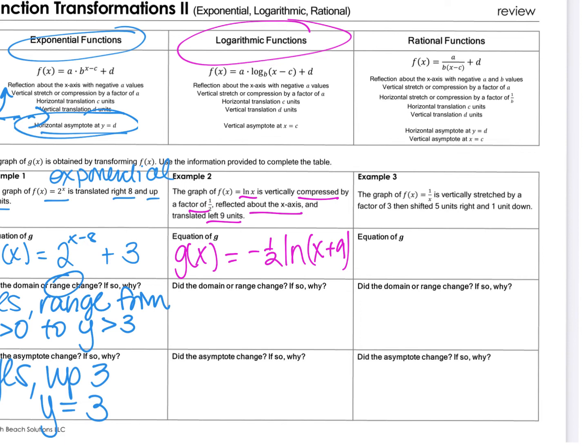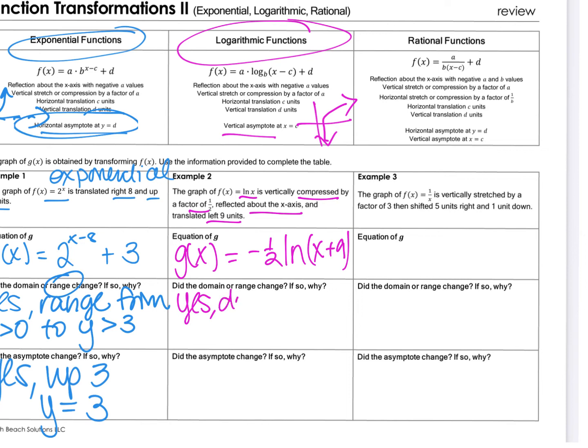So normally our logarithmic function, remember, looks similar to this, and we have a vertical asymptote. Our domain did shift. We shifted left 9, so our domain changed.